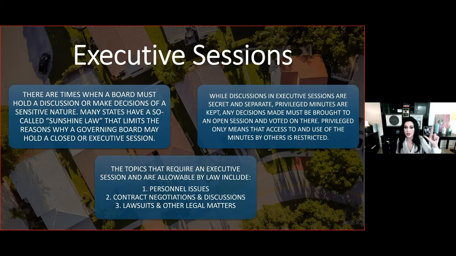The second thing, contract negotiations and discussions. We know that there are a lot of board members who actually put their contract negotiations and discussions in open board meeting session. You actually have the potential to defame that particular vendor. You have the ability to show their way of doing operations to another vendor or a direct competitor.